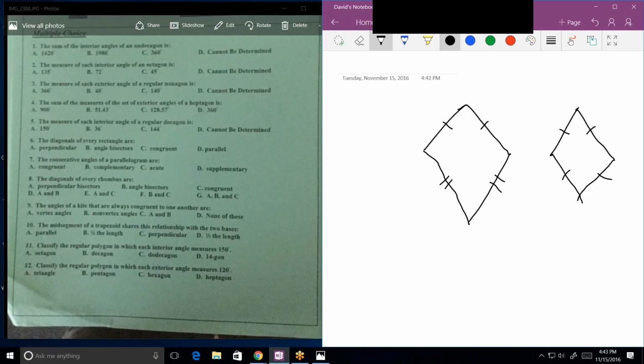Actually, most diamonds, these are right angles. If you go on a baseball field, you're going to see that these angles are right angles. So if they're right angles, then the other two would also have to be right. You're right, it would be a square. A diamond is a square. That's equal to that, and that's equal to that, and it's a right angle, therefore it's a square.